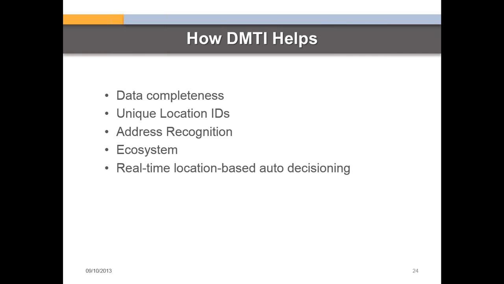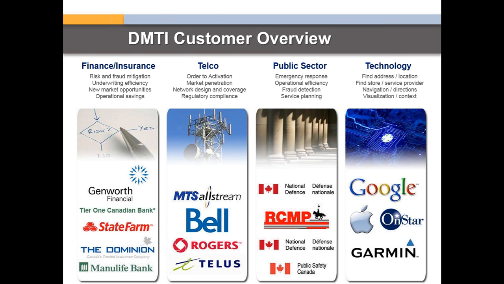DMTI provides additional context by allowing you to append more information onto that address. This can be name and phone number, business information, or demographics. It's delivered in a cloud-based infrastructure. It's a SaaS solution which allows it to be scalable and provides real-time, location-based auto decisioning.